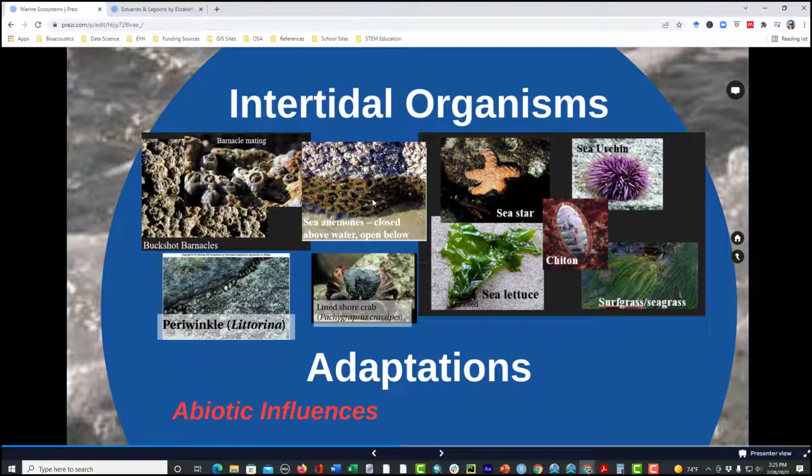And then when they're underwater, they expand their little tentacles so that they can catch different organisms, different plankton, for food. And then, of course, there are some of these other ones we're frequently used to seeing if you've spent any time in the intertidal zone, including sea stars, sea urchins, chitons, and various types of seagrass and seaweed.